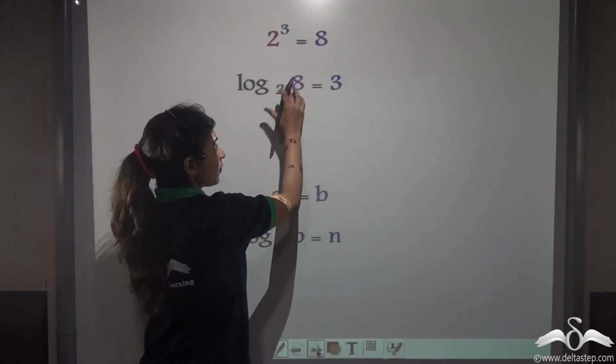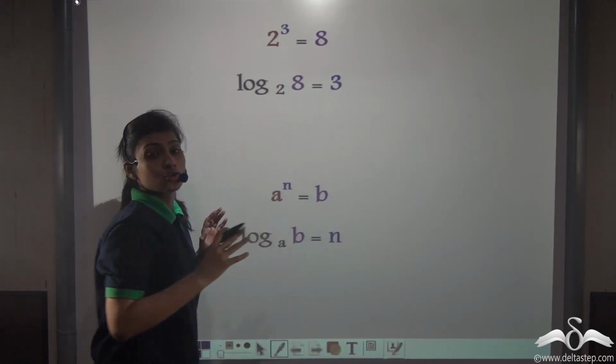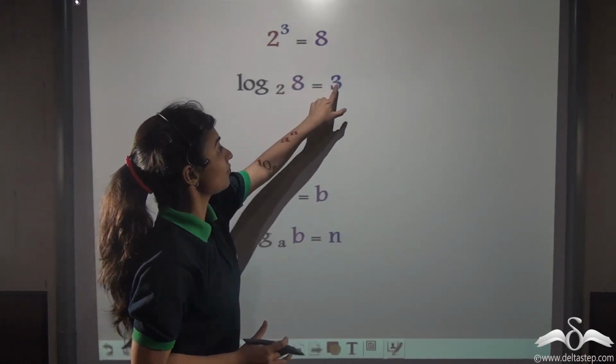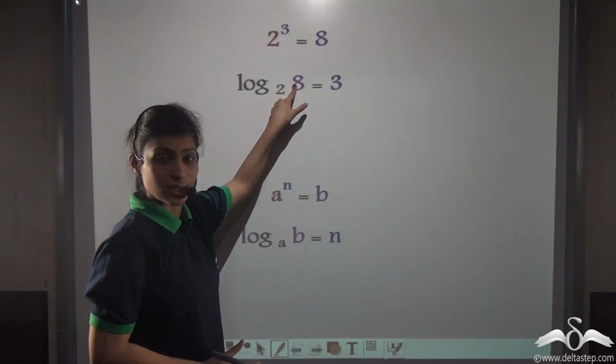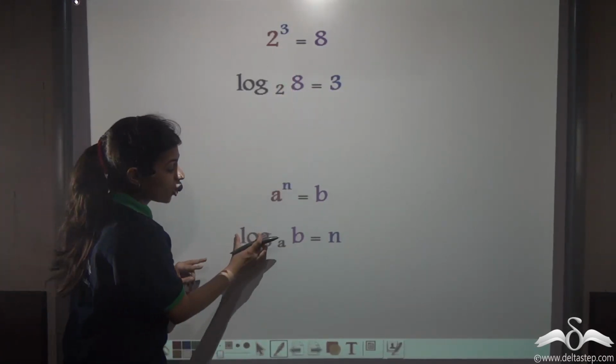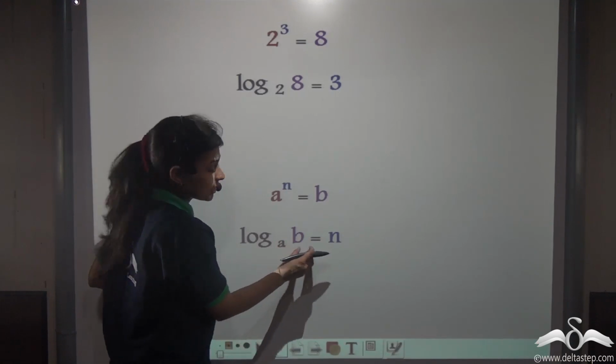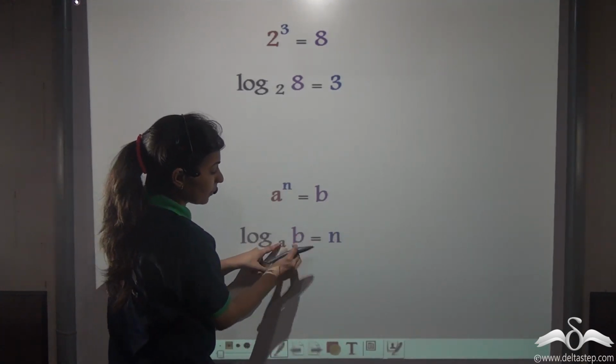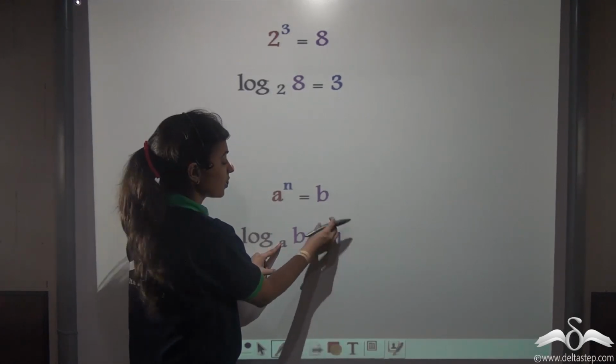So what do you understand? We understand that 2 when multiplied with itself 3 times give you 8. Similarly, if I say log b to the base a is equal to n, then you understand that a when multiplied with itself n number of times give you b.